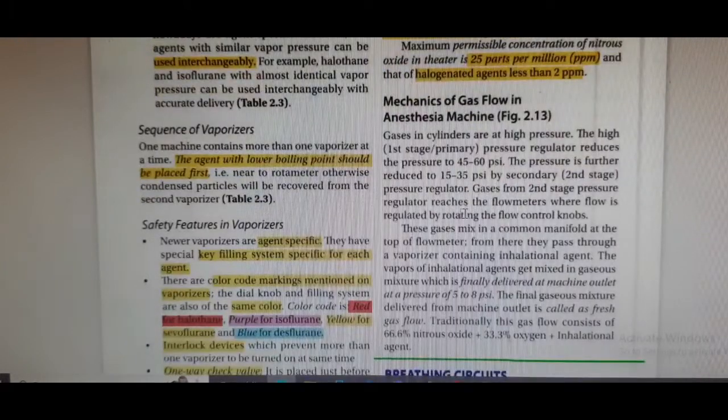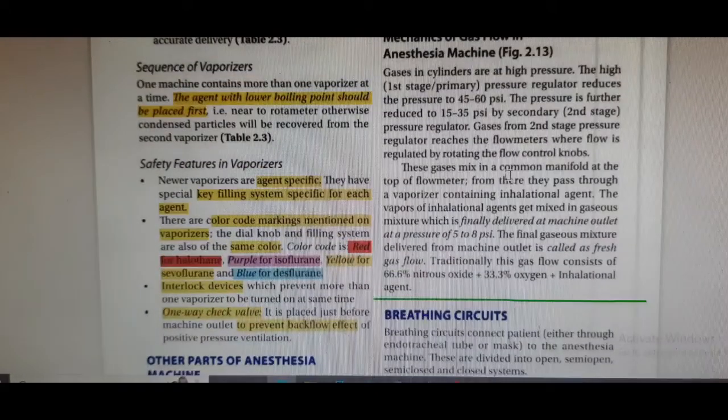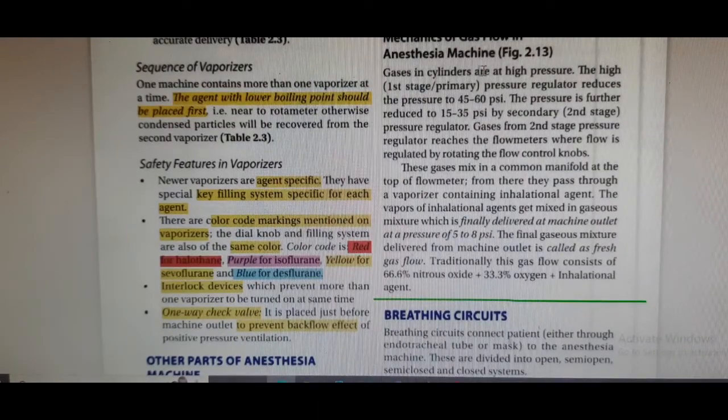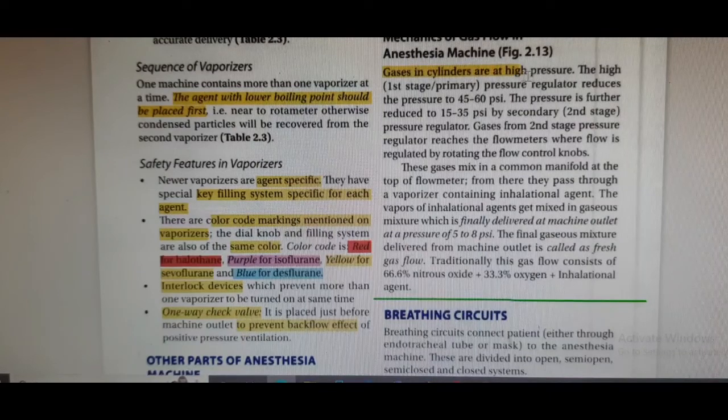Moving to the mechanics of gas flow in the anesthesia machine. This is important. It determines the flow of gas from where to where it goes. Firstly, the gases in cylinders are at high pressure. The high pressure regulator reduces the pressure to 45 to 60 psi.